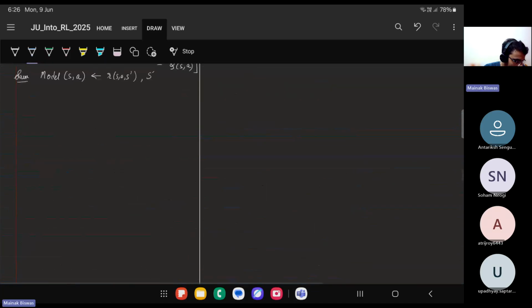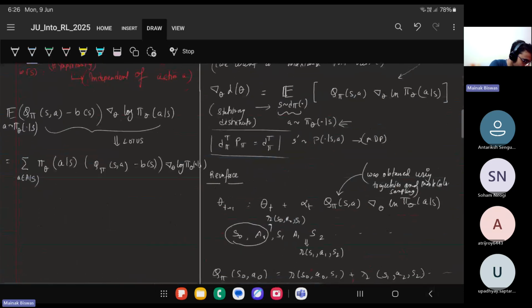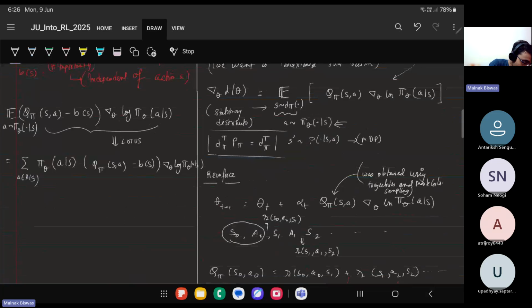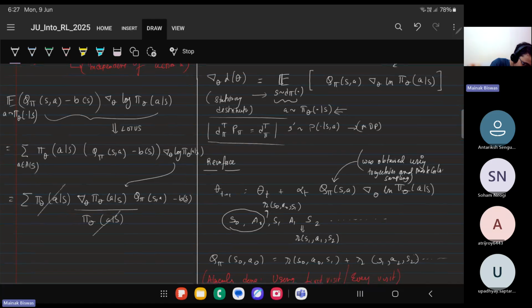Right. So now let's do what the baseline function is telling me. Very good. So let's try and do the baseline function. This is equal to pi theta of A given S into the gradient of pi theta of A given S by pi theta of A given S. I took the derivative of the log, into q pi of SA minus B of S. This and this get cancelled.